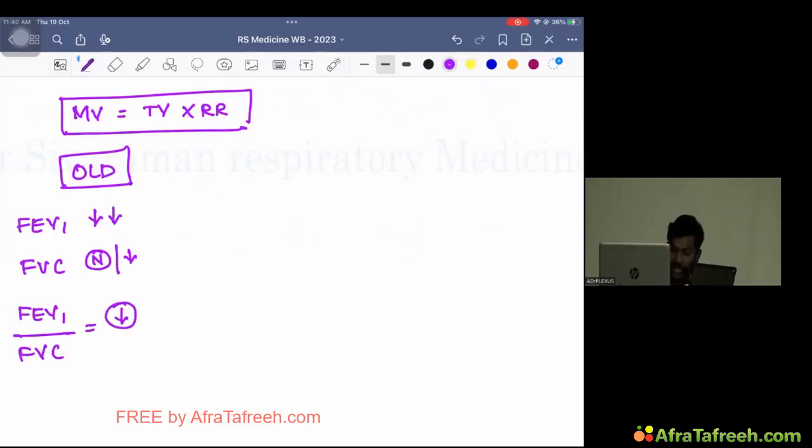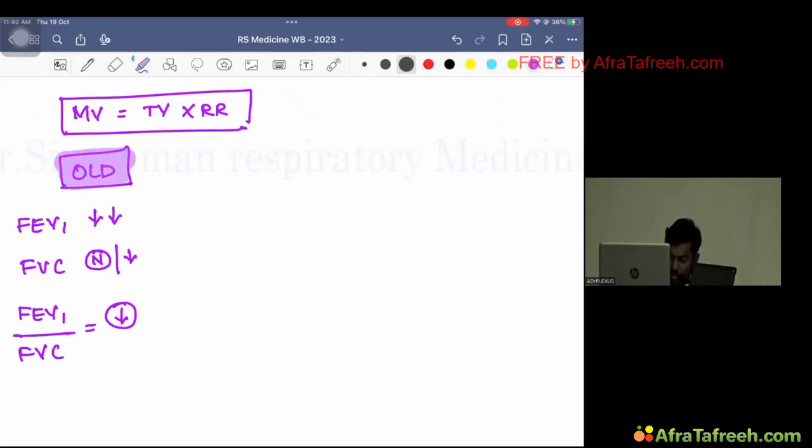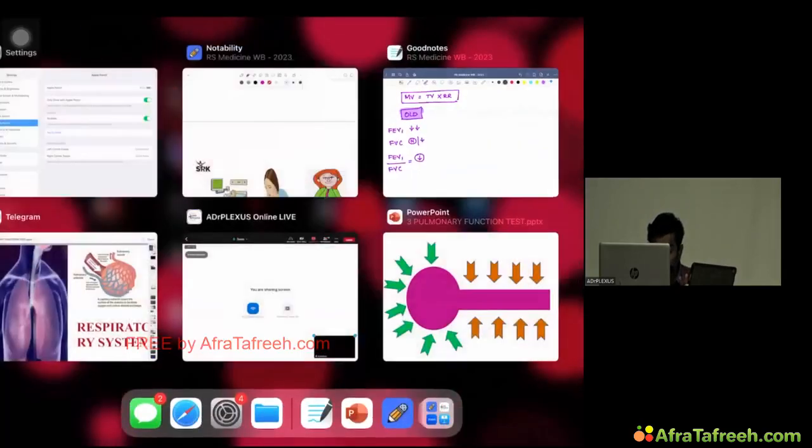So this is the characteristic of obstructive lung disease.